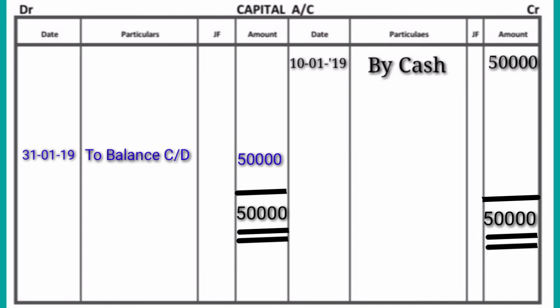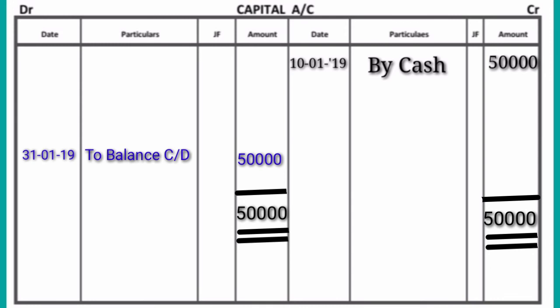Okay, this 50,000 we can say is the closing balance of the capital account. Closing balance means the end of the month. What is the balance? That is a closing balance. So this is the January month's closing balance, that is 50,000.